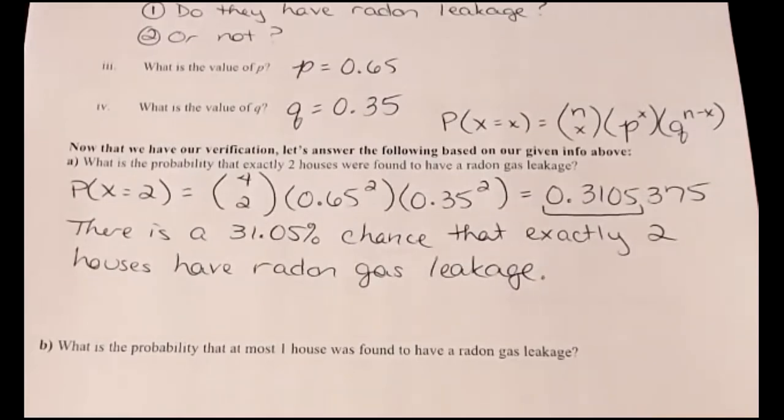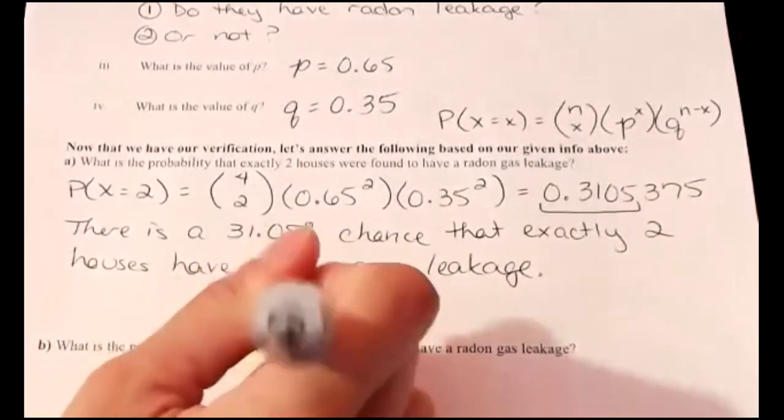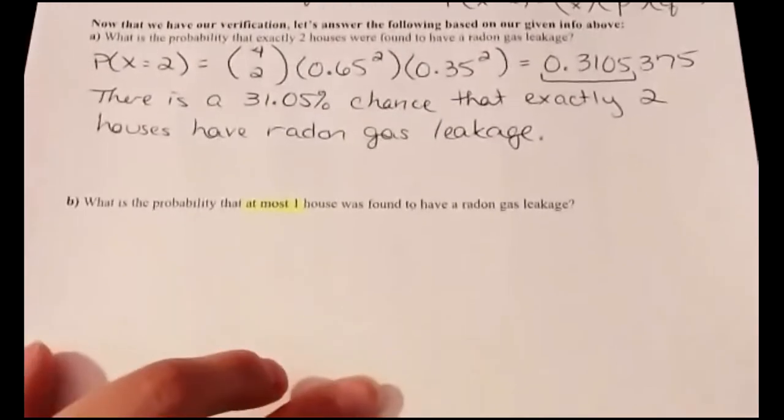This says, what is the probability that at most 1 house was found to have a radon gas leakage? Anyone throw this out there? What do we mean by at most 1? What does that imply? Less than or equal to 1?